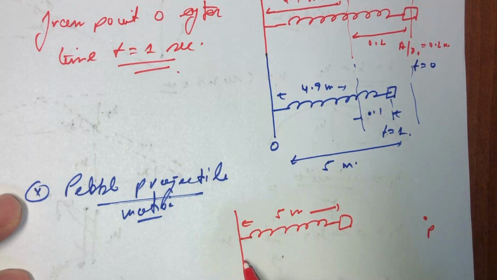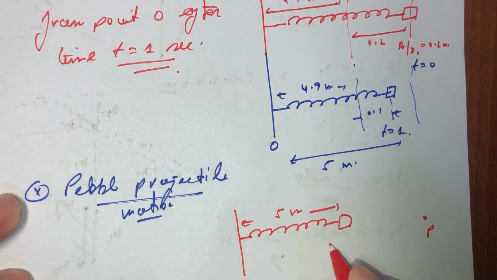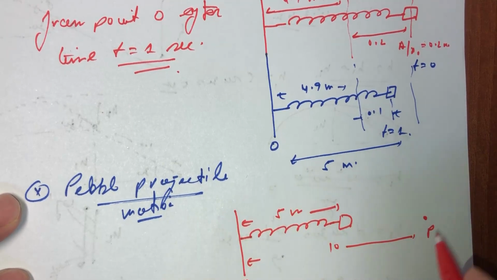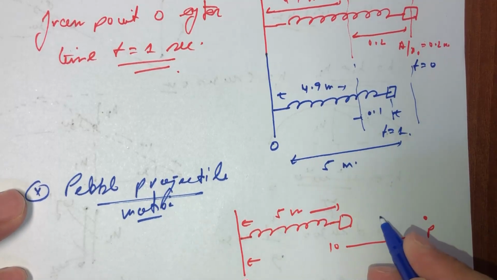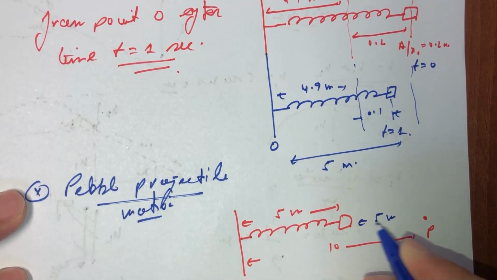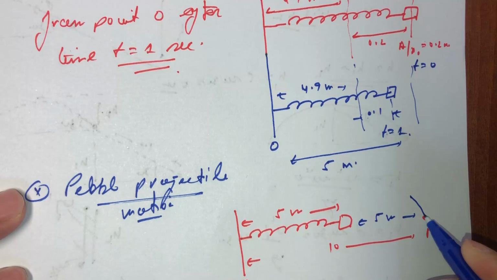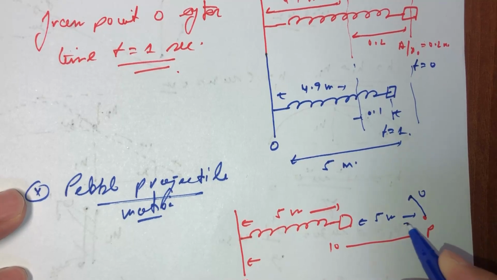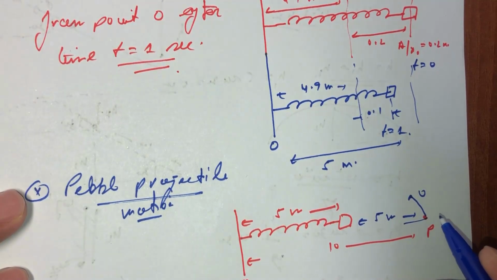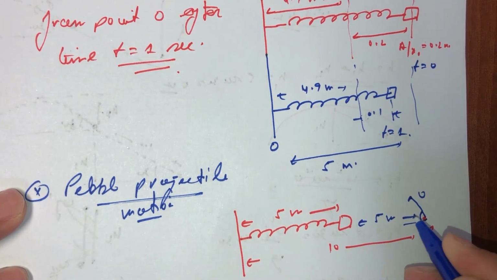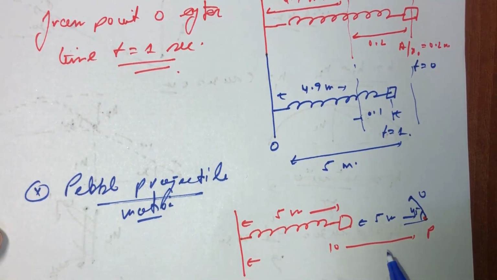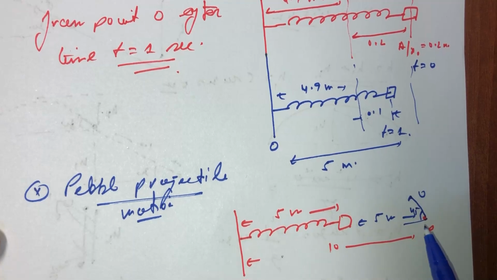The total distance between the point O and point P is given as 10 meters. So the pebble has to travel a distance of 5 meters within 1 second. This is the velocity v, and it is at an angle of 45 degrees.